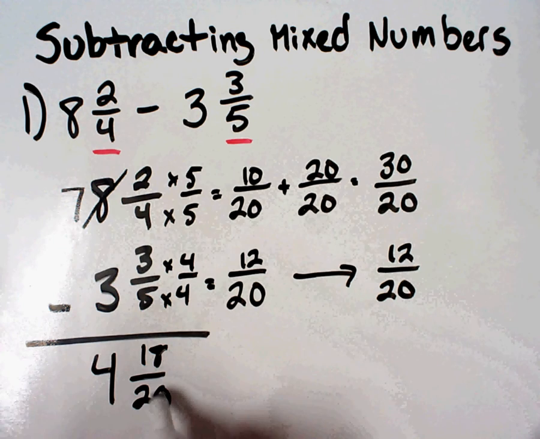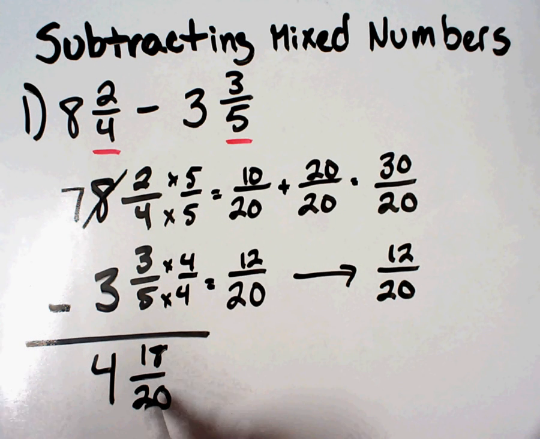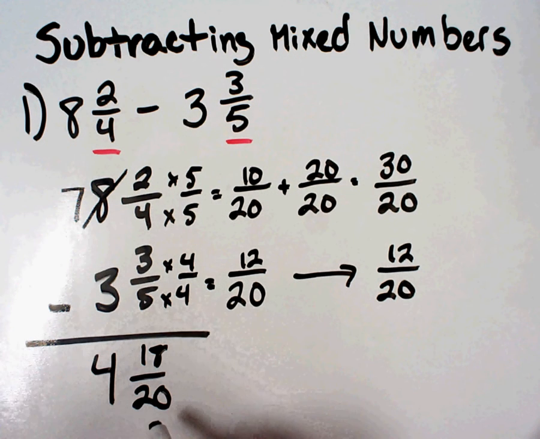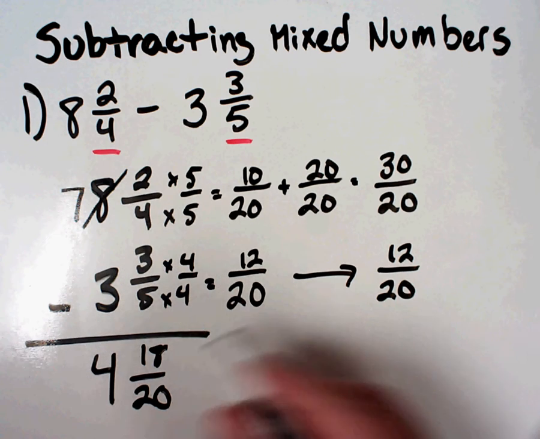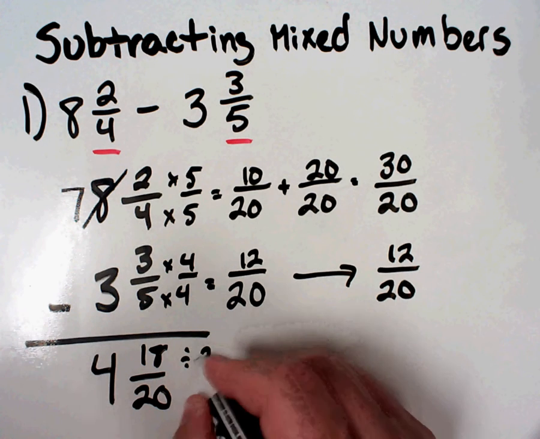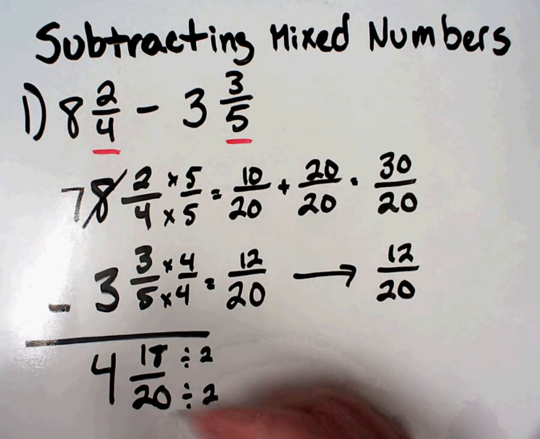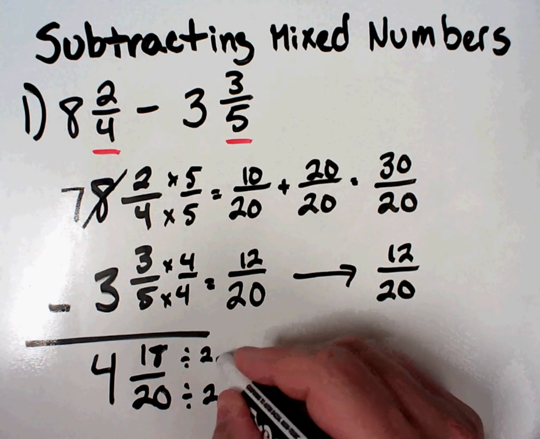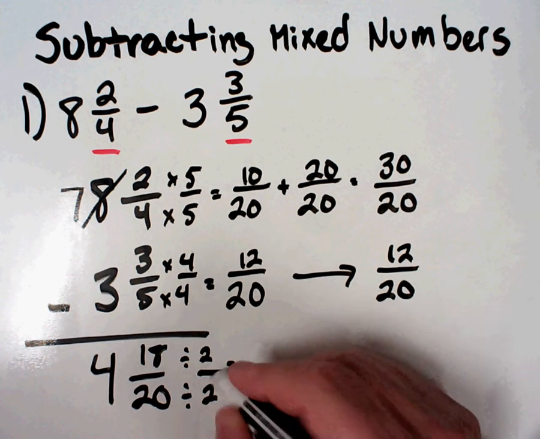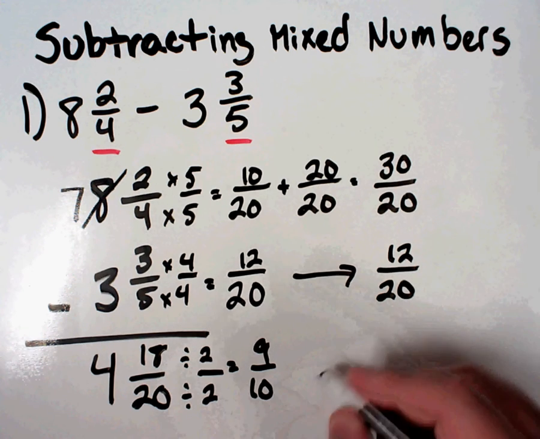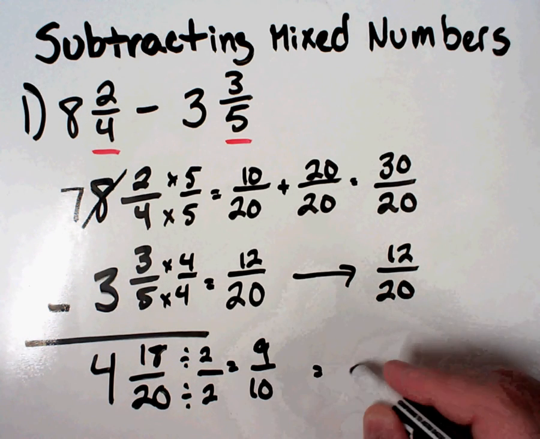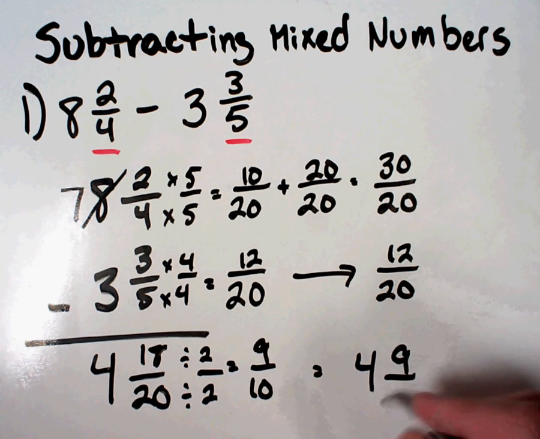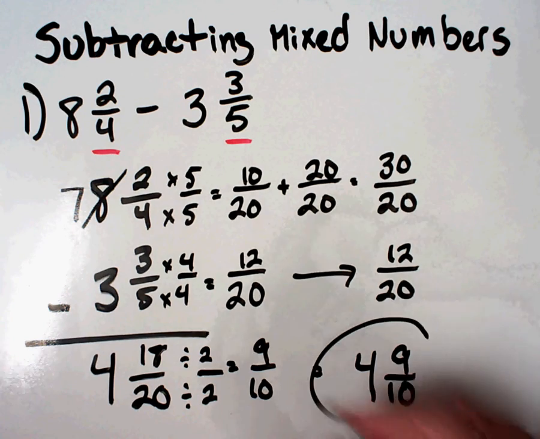Because 18 20ths is not in its simplest form, I need to simplify it. I need to reduce it. I'm going to do that simply by dividing both top and bottom by 2, because they're both even numbers. That's going to give me 9/10. And so my final answer is 4 9/10.